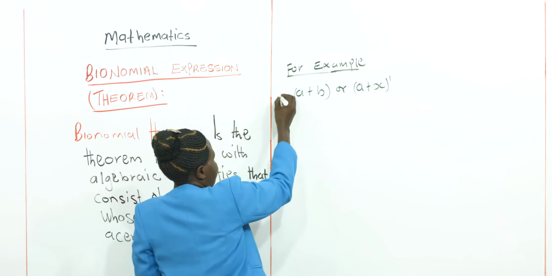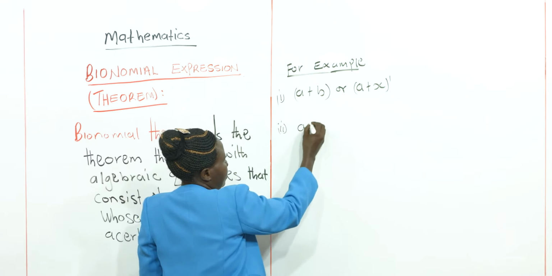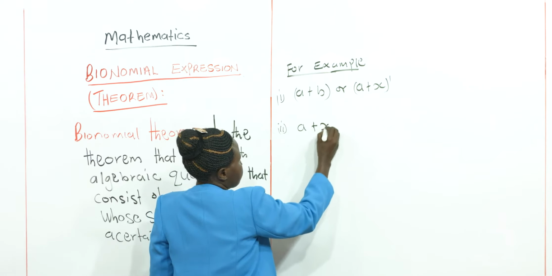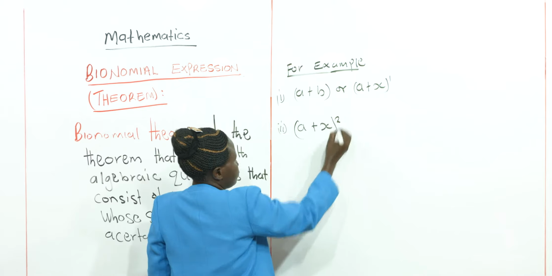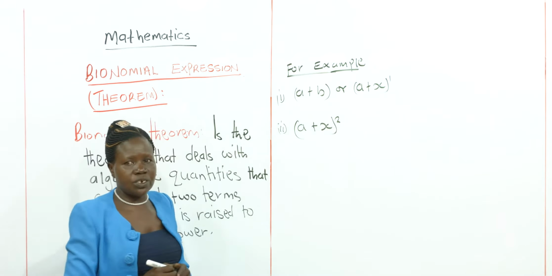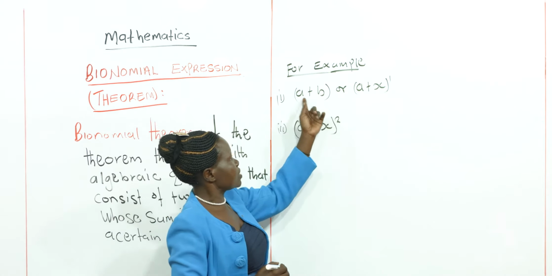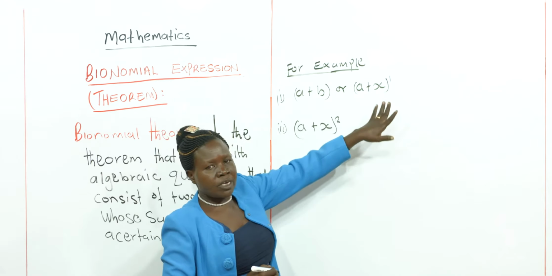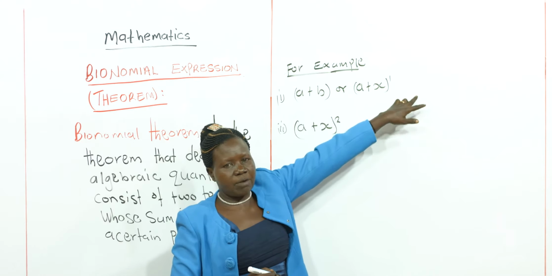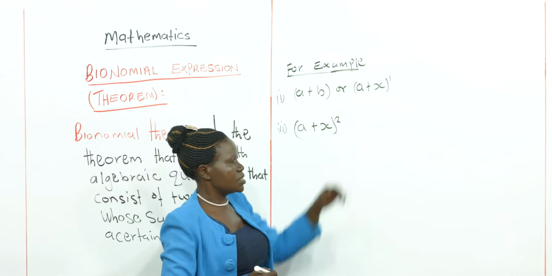And then Roman 2, we can have a plus x raised to 2. So this is what we are going to deal with. a plus b is the same as the first term and second term, or a plus x, which is raised to a certain power. For this one the power is 1, and here the power is 2.